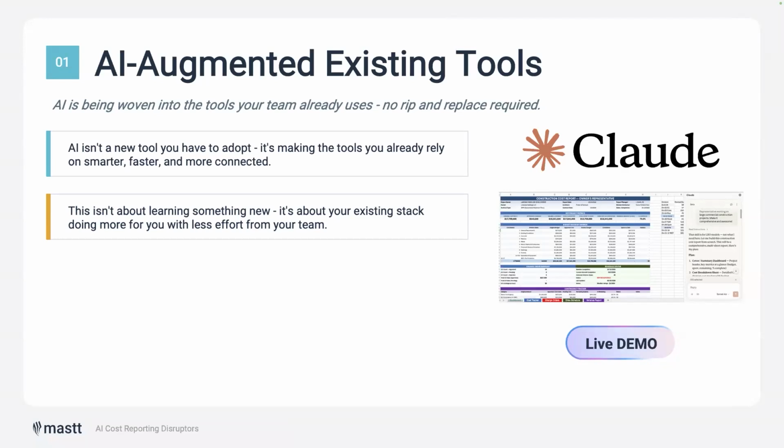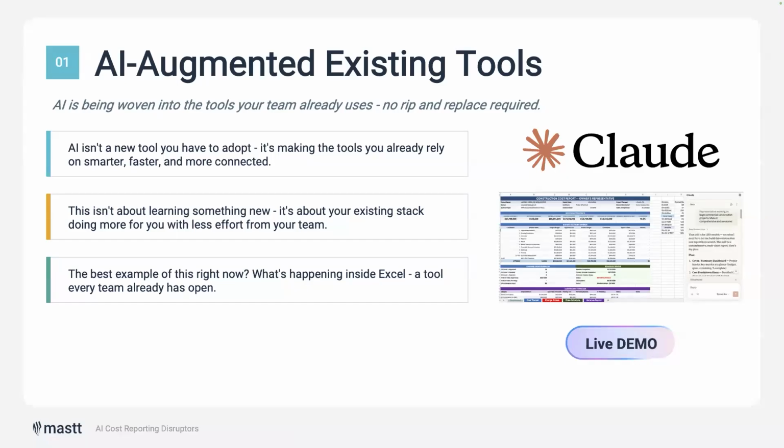And the best example of this right now is what's happening inside Excel. So it's a tool that every single team already has open, and now AI, through the demo that I will show you, it's the Claude add-in and the Claude for Excel.